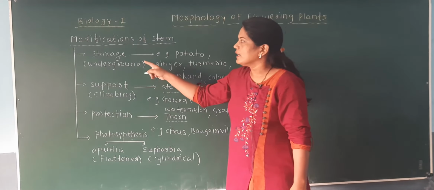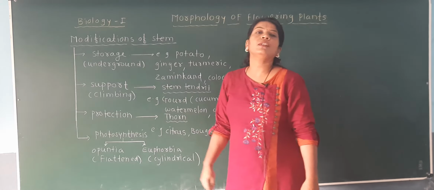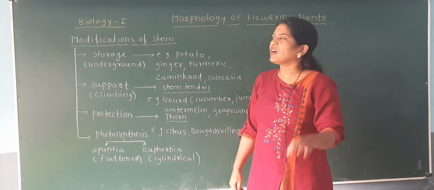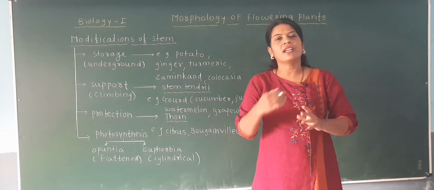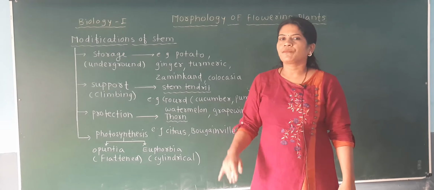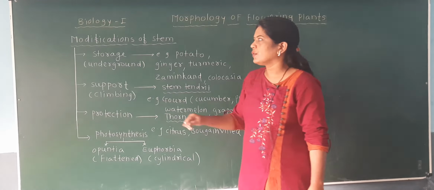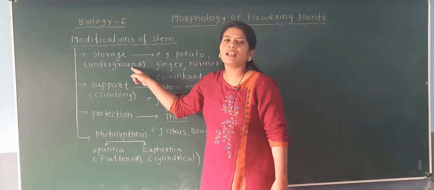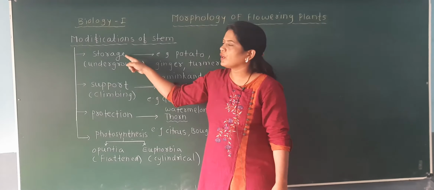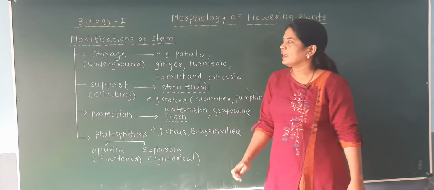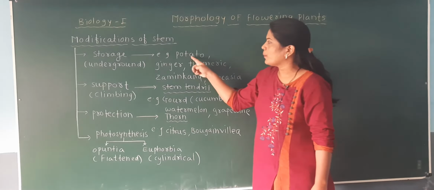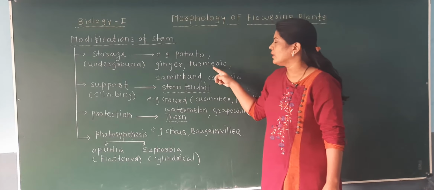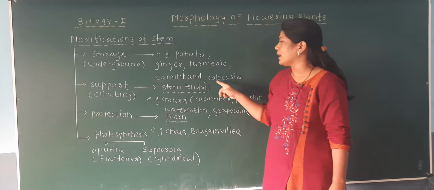The stem which is present below the ground has the main function of storage of food, and that's why it is present in the underground part of the soil. Overall 5 examples are mentioned: potato, ginger, turmeric, zaminkan and colocasia.